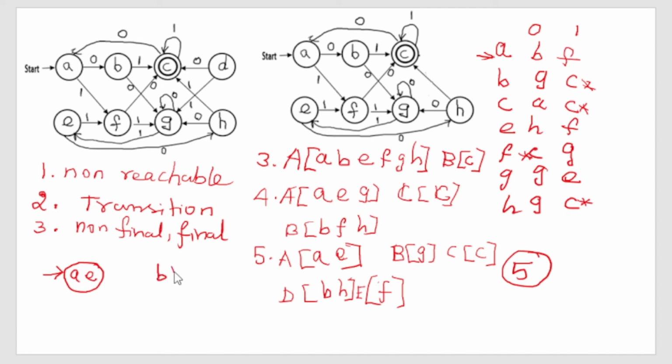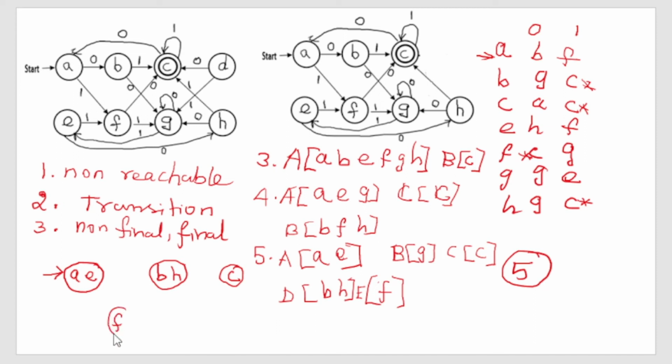And then C, we have C as a separate state. And then G is another state, F is another state. So let me place F over here, and then G over here.